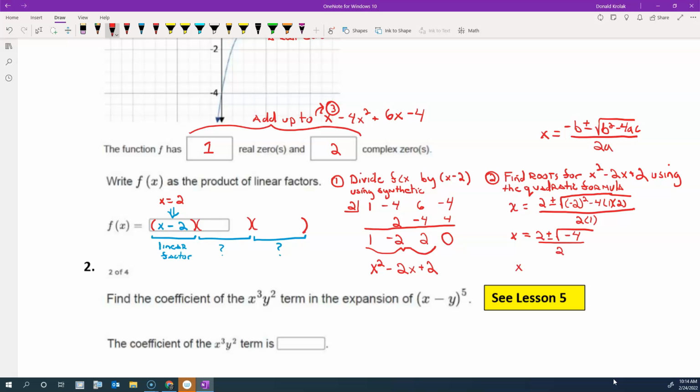So then I have x equals 2 plus or minus the square root of negative 4, which is plus or minus 2i, over 2. Then I can break this up into 2 fractions and simplify it. So it's 1 plus or minus i.